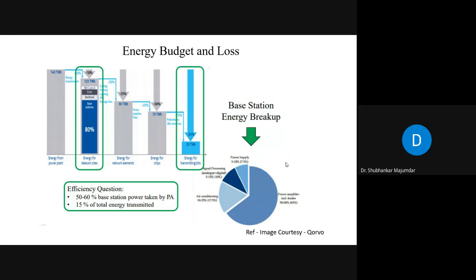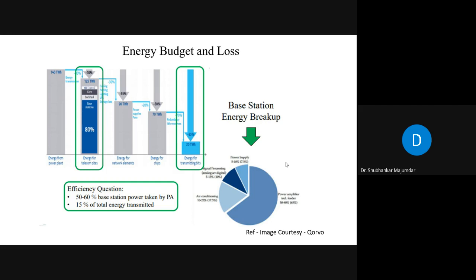Now if we look at the energy budget and the loss, we can see that the basic loss is due to the power amplifier, which is 50 to 80%. In a BTS, base terminal station, the basic power loss is due to the power amplifier.